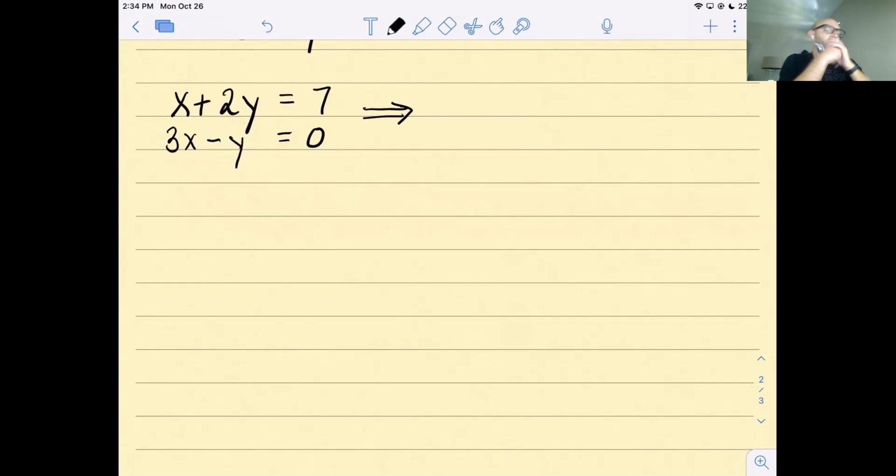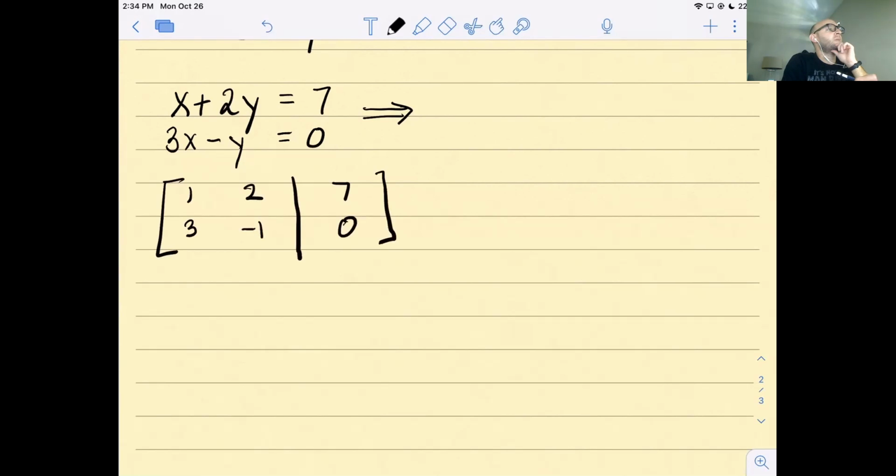Nice, excellent. So the first row I'm seeing people write, very good, would be 1, 2, and then the big bar, 7. And what about the second row? Nice, 3, minus 1, and then past that line is 0.